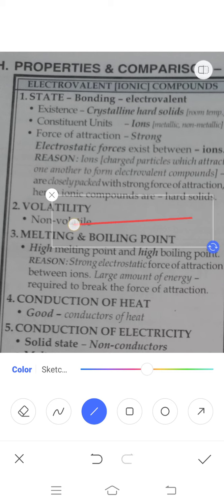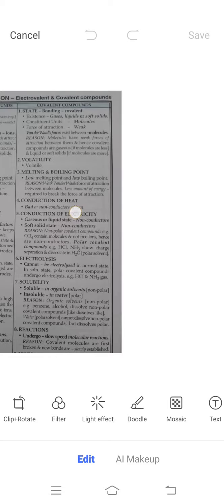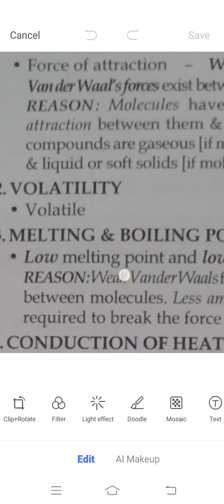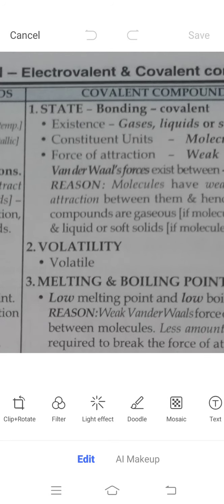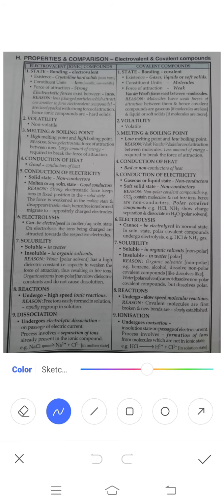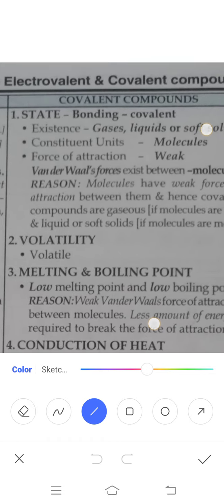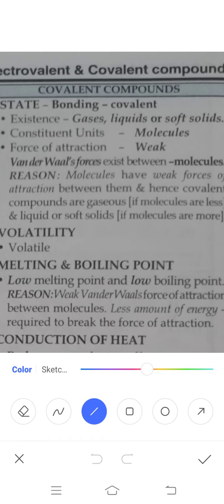Now let us see this same part for covalent compounds. As you can see here, in covalent compounds the bonding is covalent. Now children, why is the bonding covalent? Because it is formed by mutual sharing.